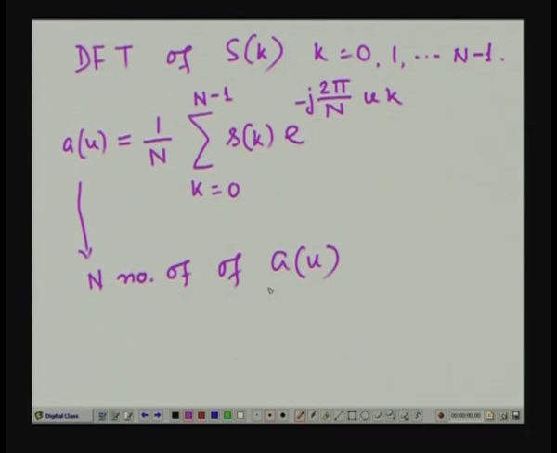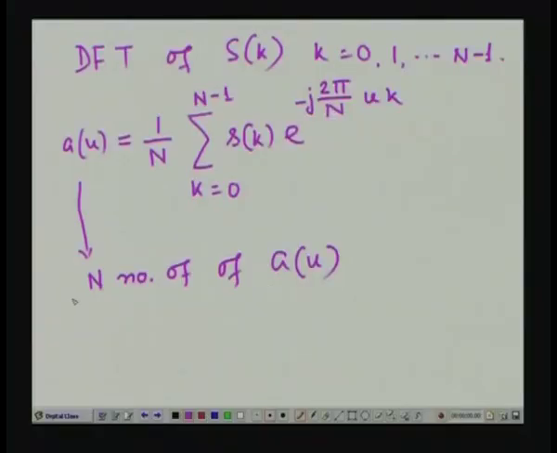Now, this set of complex coefficients can be used as a descriptor which describes this particular given shape or boundary. Obviously, if I take the inverse discrete Fourier transform, the IDFT, of this set of complex coefficients a u, then I should get back sk, our original set of boundary points.